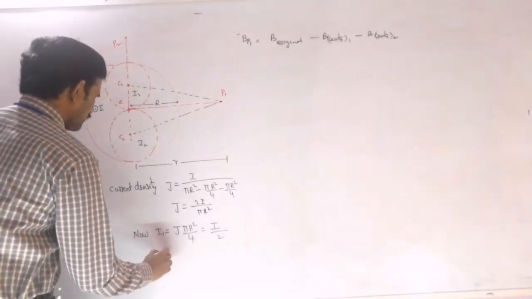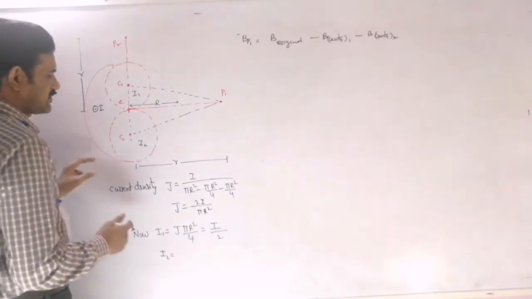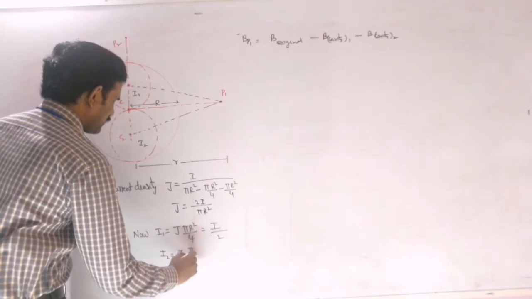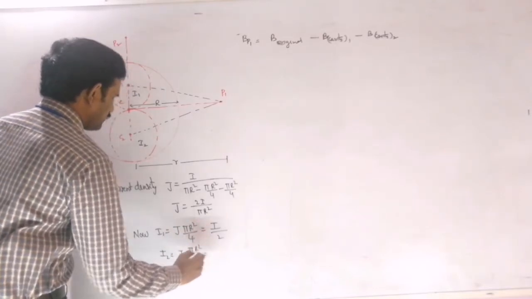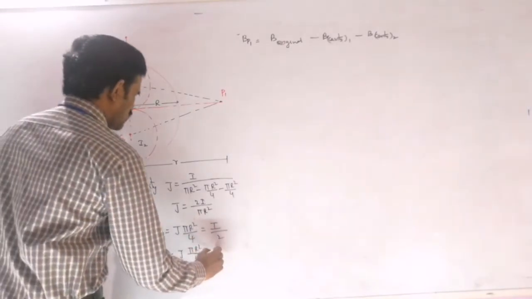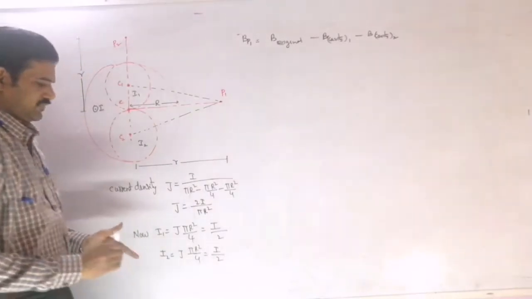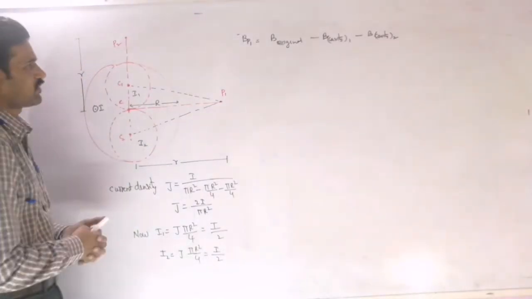Similarly I2 value you can write as J into pi R square by 4. So this is also I by 2, right? So those will be the I1 and I2 values, how much current we can assume in that.